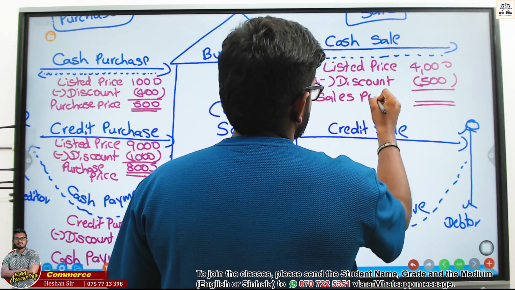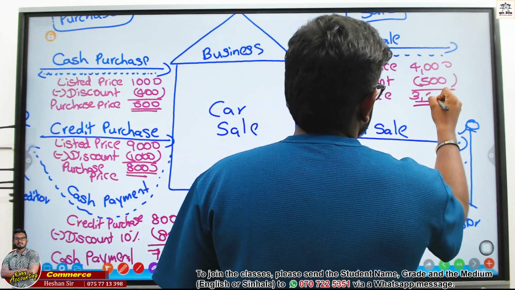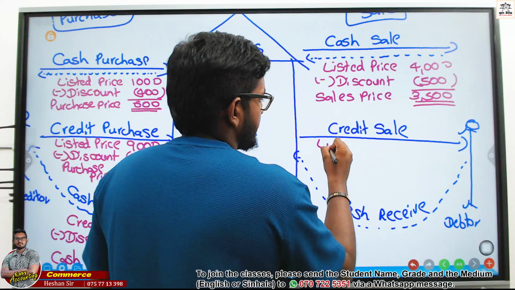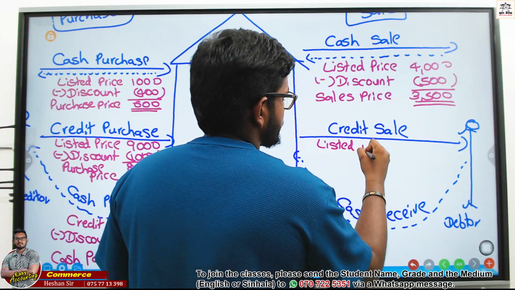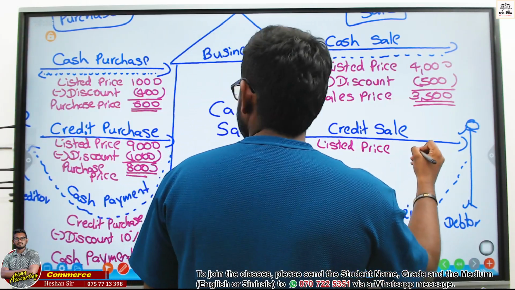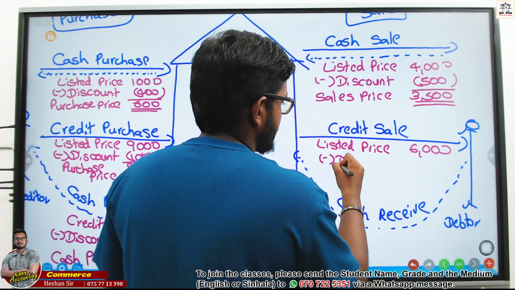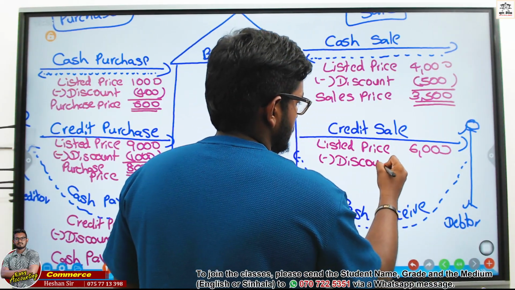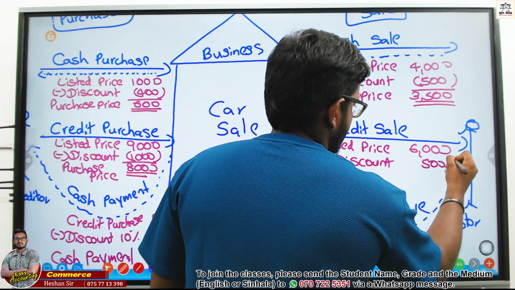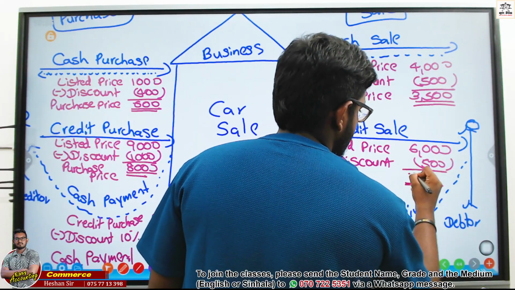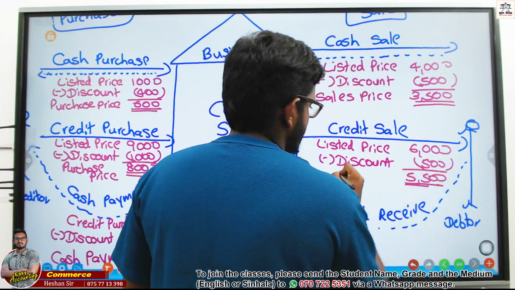Sales price how much? 3,000. Listed price 6,000. I have deducted the discount 500. Can you tell me how much is my sales price?